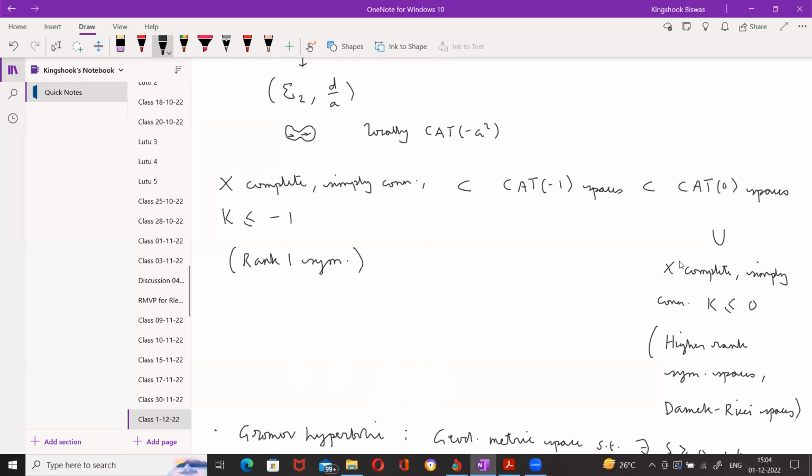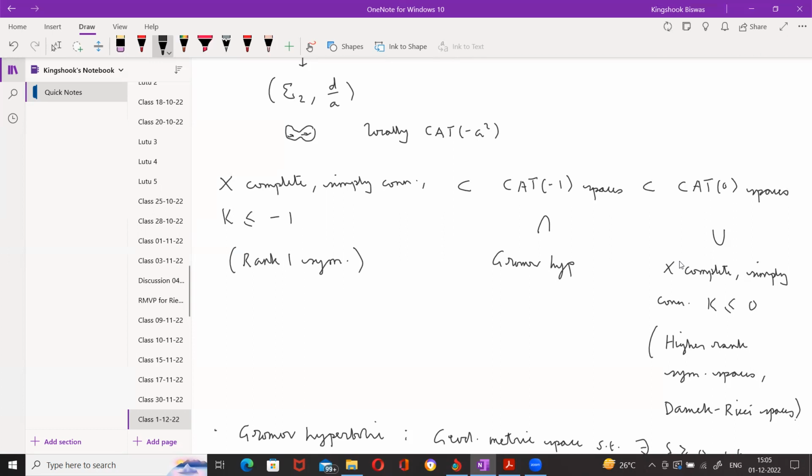But CAT(-1) is contained inside Gromov hyperbolic. That's true. But there is no containment relation between Gromov hyperbolic and CAT(0). Some space could be CAT(0) and Gromov hyperbolic, some could be Gromov hyperbolic but not CAT(0), and so on.